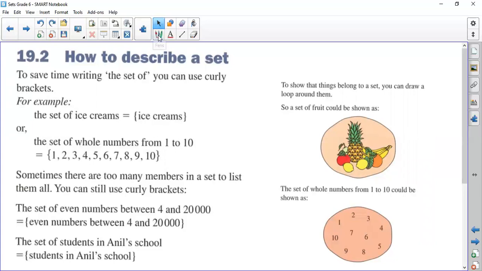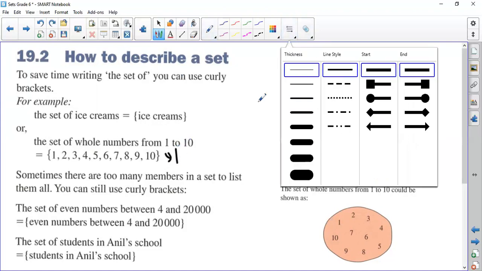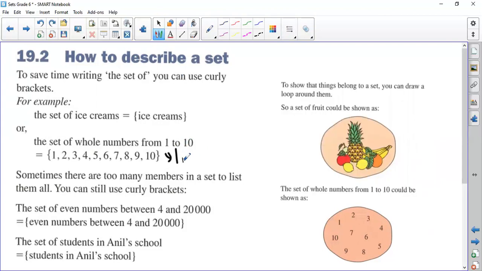This way of showing sets is called the list method. It means you list all the members, all the elements of the set, within curly brackets.